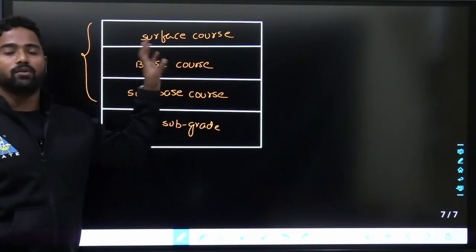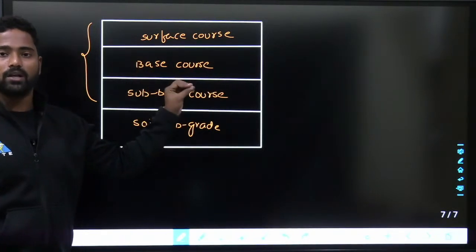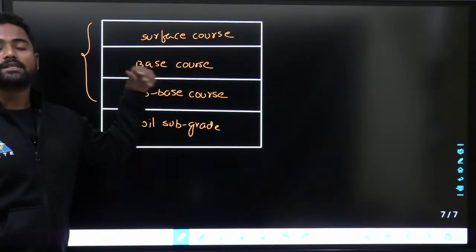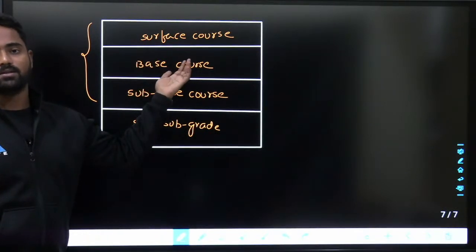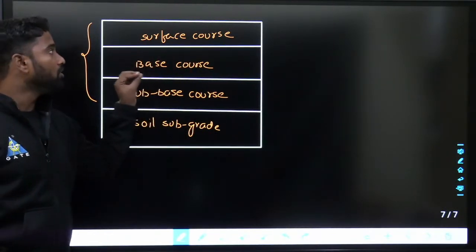Whatever the quality, whether it is poorer quality or higher quality, you will be providing the same amount of thickness.